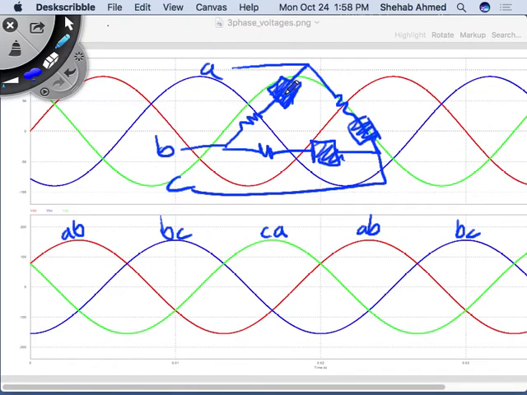If I turn on any of these thyristors, then this resistor will have line AB voltage across it. So if I provide a gate signal here, then this line voltage will be applied to my load. Do you agree?